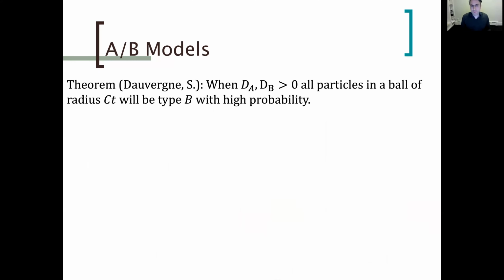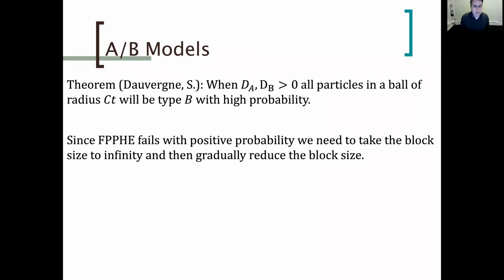Okay, and so we're able to prove the analog of Kesten and Sidoravicius's first theorem for speeds which are different, so that the infected region grows at a linear speed. And this happens with high probability.